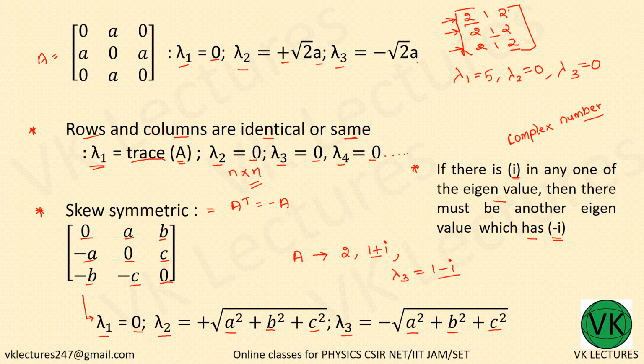For example, if there is 2i, there must be minus 2i. If there is 3 plus 2i, another eigenvalue should be 3 minus 2i. This is true for all matrices.